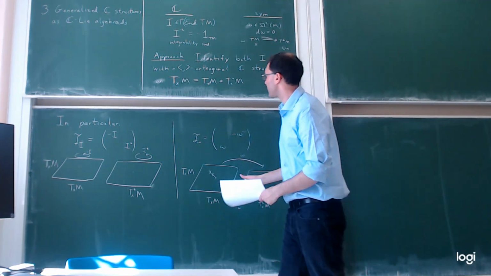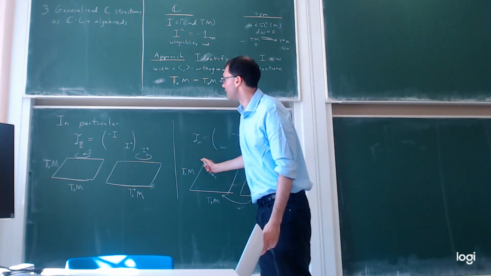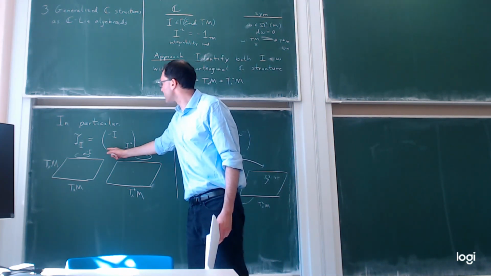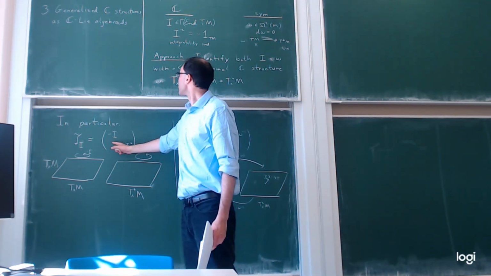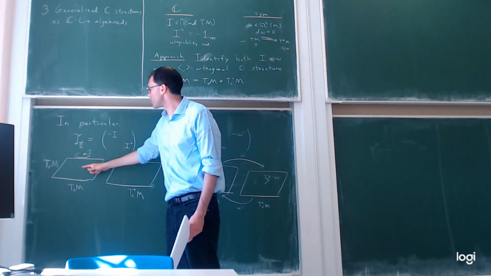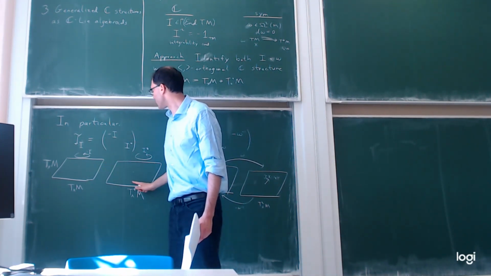And then note that there's a characteristic difference here. When we start with an actual complex structure on M, the induced generalized complex structure is preserving the tangent and the cotangent fibers.